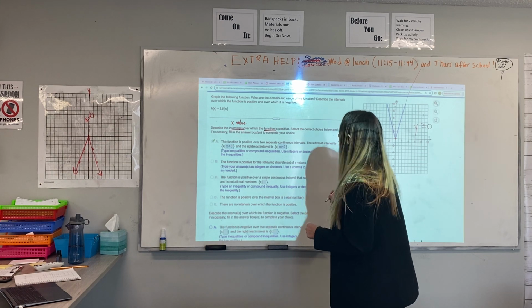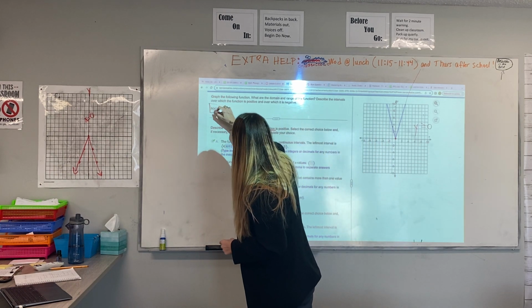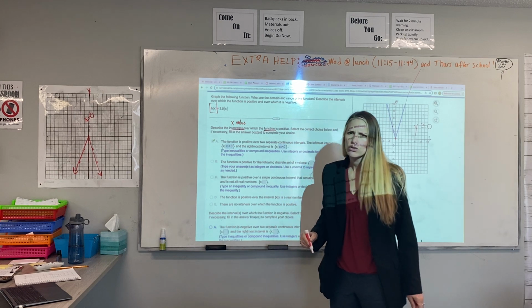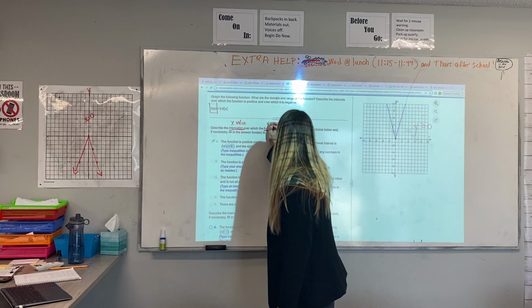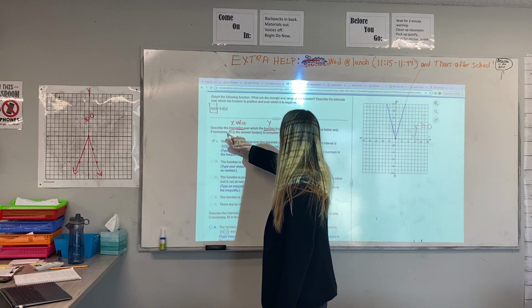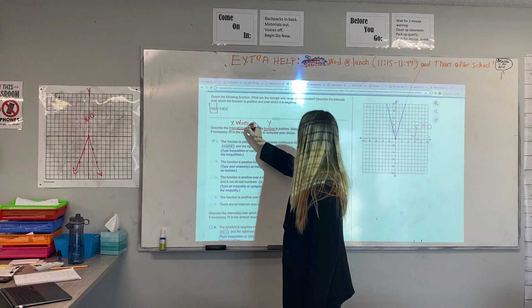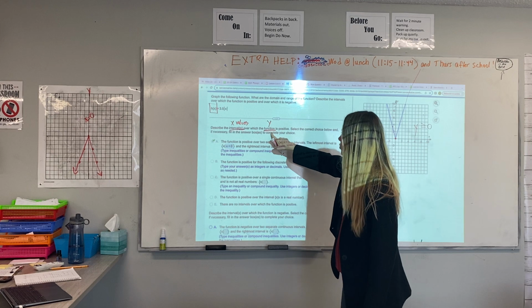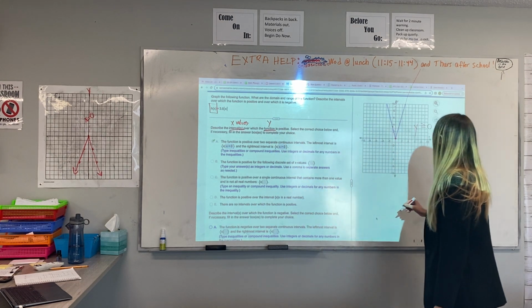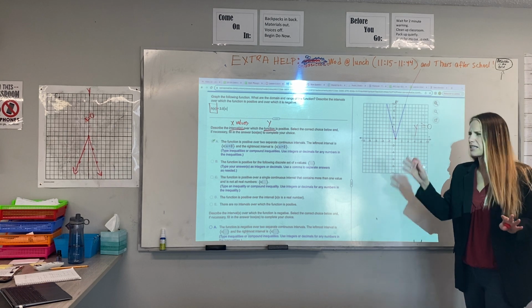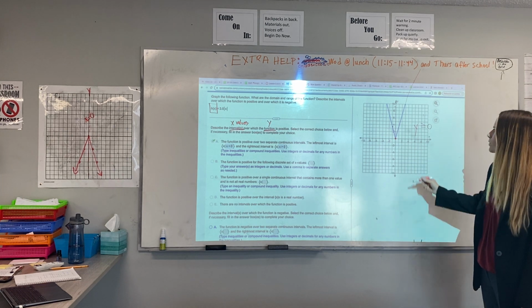The function, which is this, is that our x values or our y values? Our y values. So describe the x values over which the y values are positive. So, how can you just explain that? Don't worry about what that says. How can you explain that?